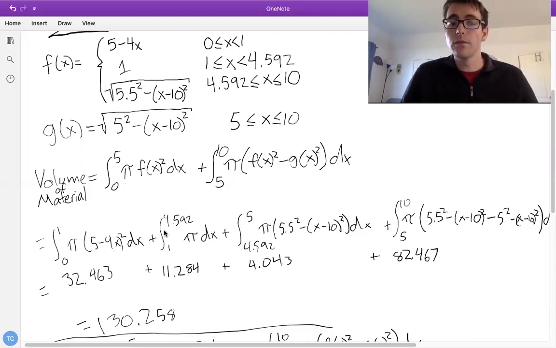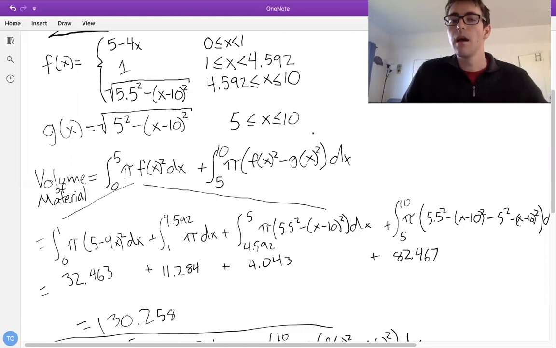Over this next interval, we're integrating pi times 1 squared dx, etc. This integral between 0 and 5 ends up getting broken up into these 3 integrals, and then this 4th integral goes over here. If we actually calculate this, we're going to see that our total volume is 130.